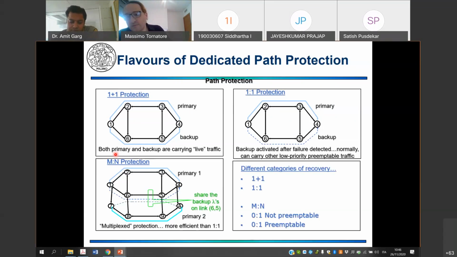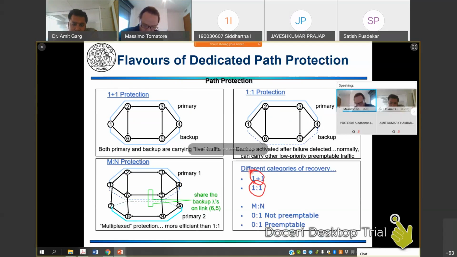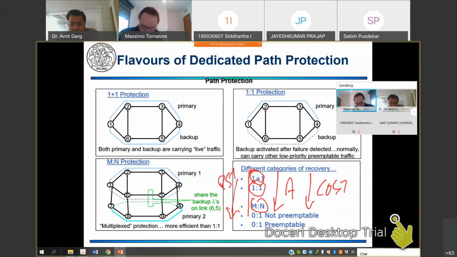So, in conclusion, you have different ways of providing protection, from 1+1, which is the highest level of protection, to one-to-one, to M2N. Obviously, availability decreases, but also cost decreases. And instead, protection switching time also increases the more you go in this direction.